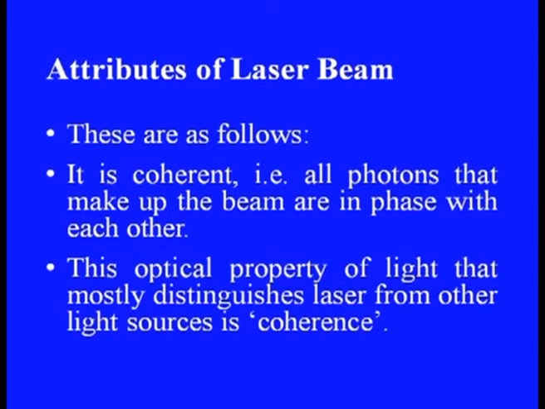This optical property of light that mostly distinguishes laser from other light sources is coherence. The laser is regarded as the first truly coherent light source. Other light sources such as the sun or a gas discharge lamp are at the best only partially coherent.